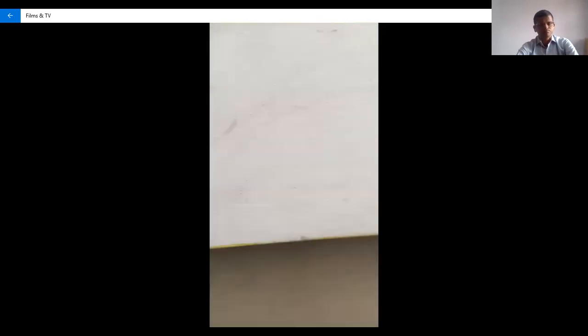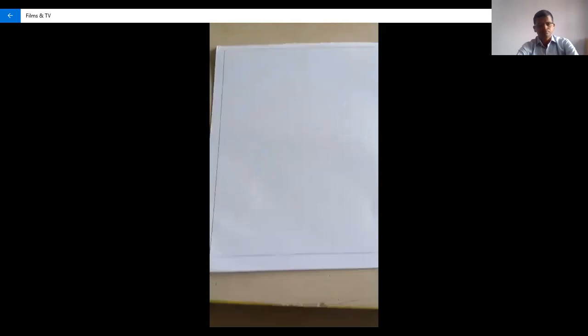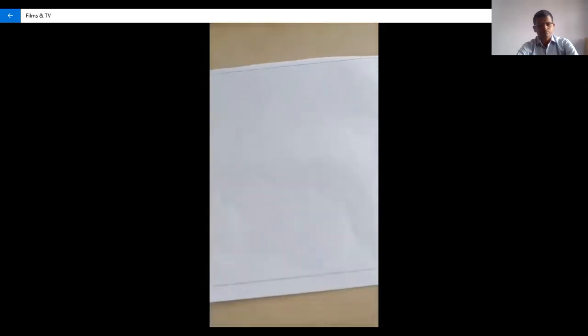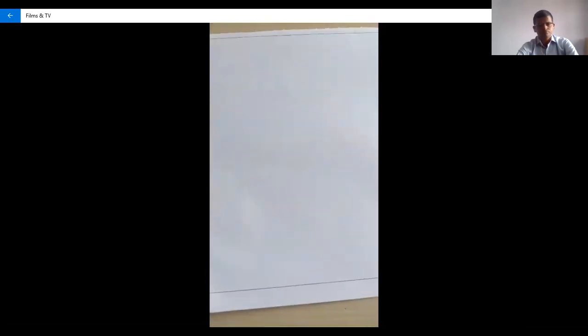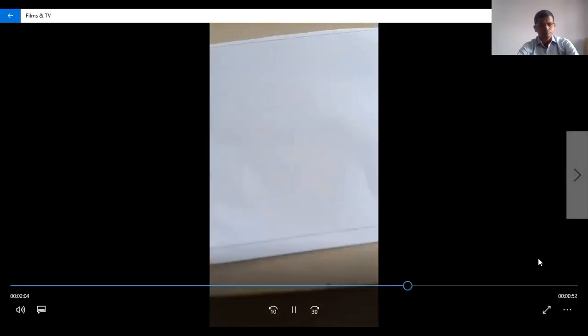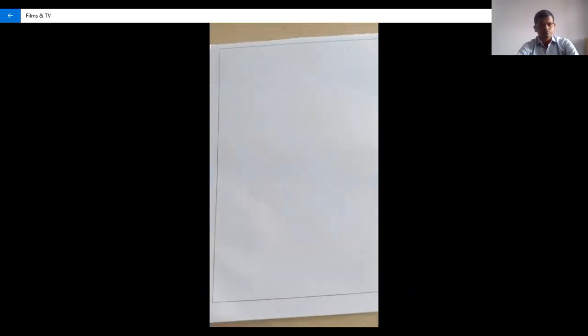Before starting the practical, note that in this practical we perform a total of 5 angles. We draw one diagram with some angle of incidence. With the help of the angle of incidence we find the angle of emergence, and with the incidence and emergence we find the value of deviation.